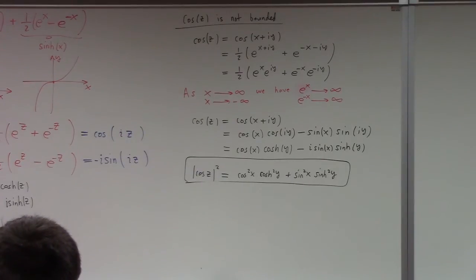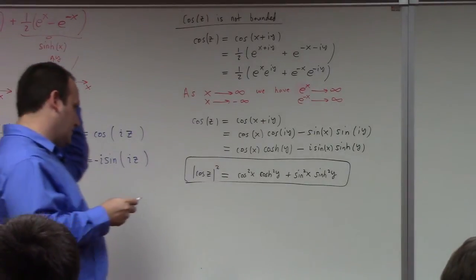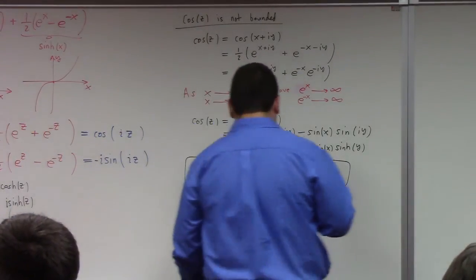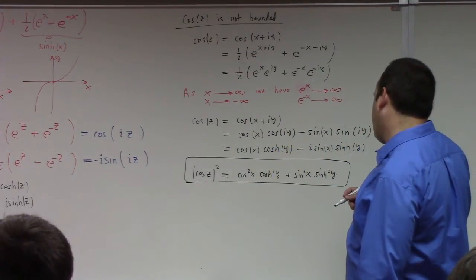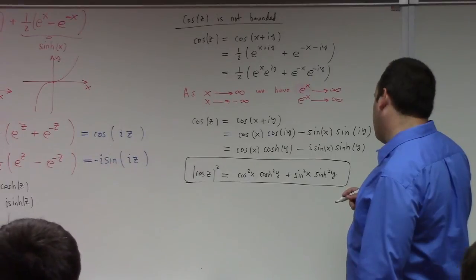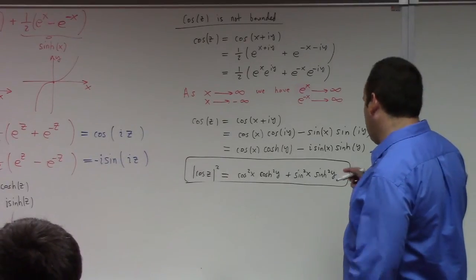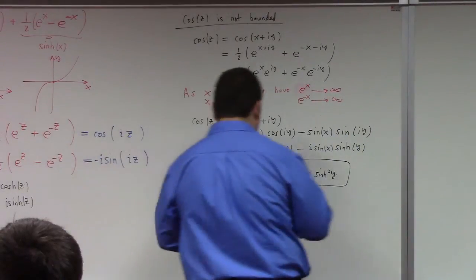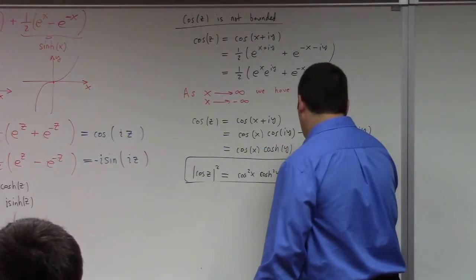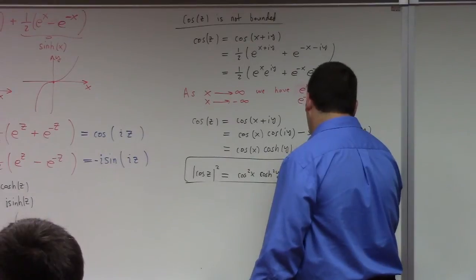I can boil it down to cosine squared of x plus sinh squared of y. How would you do that? There's various ways to attack this. I'm going to pick on this piece right here. Sine squared I can rewrite as 1 minus cosine squared x, right?